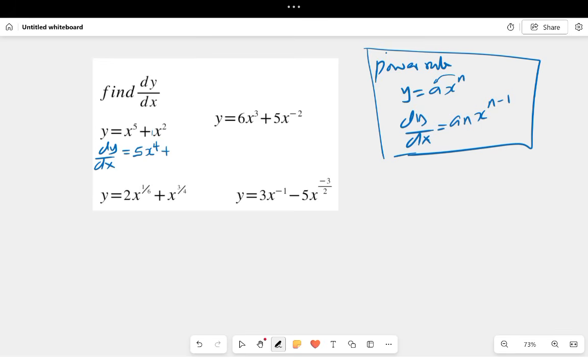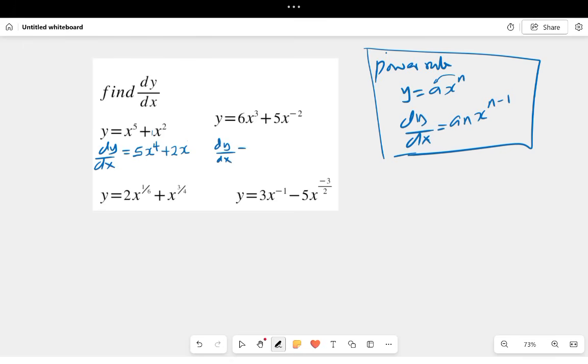So 2 times 1 is 2, x squared minus 1. So x squared minus 1 is going to be equal to x to the power 1, which is just equal to x.